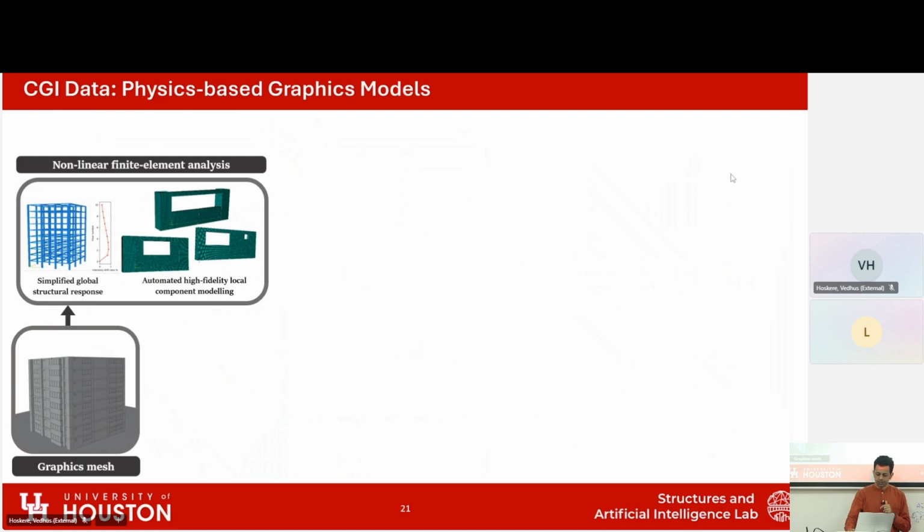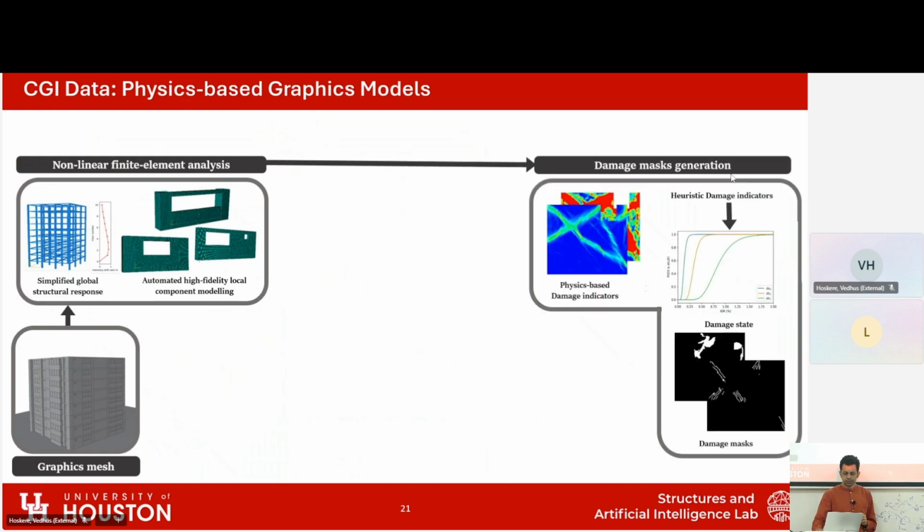I use that as input to a local model where I have a nonlinear concrete damage plasticity model that gives me something called damage indices, which gives me the location of where it might split. And I use that as a probability distribution to sample from, and I get a mask.